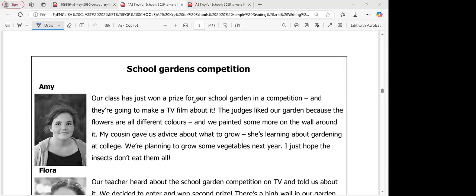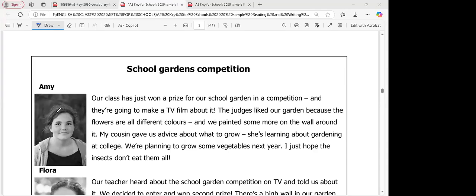My cousin gave us advice about what to grow. She is learning about gardening at college. We are planning to grow some vegetables next year. I just hope the insects don't eat them all.